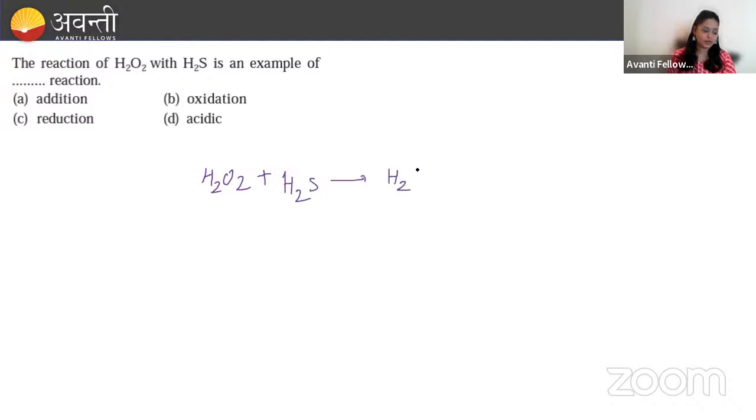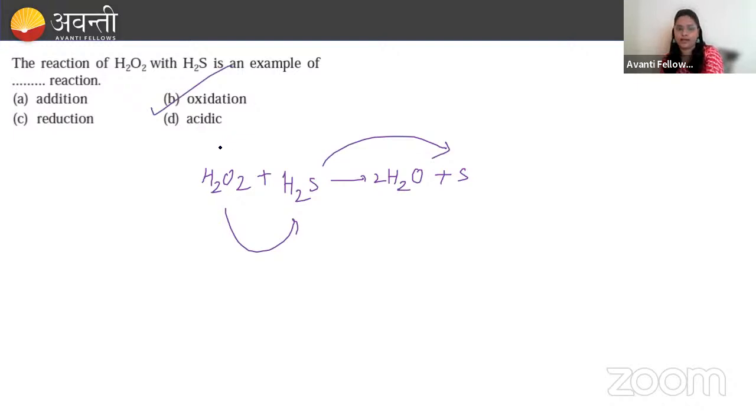When this reaction takes place, there is a formation of H2O and sulfur. So H2O2 oxidizes H2S into S. So this reaction is oxidation. What is happening here? Oxidation is happening.